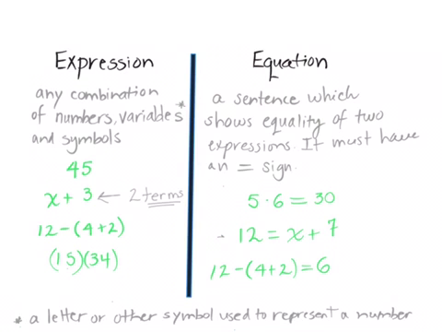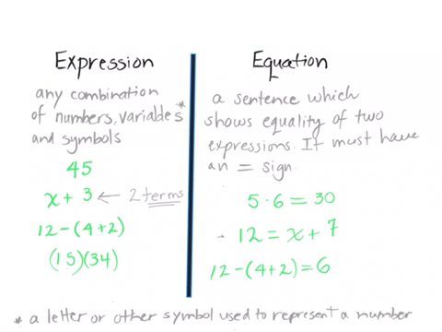Moving on to equation. It is important not to confuse expressions and equations. A sentence which shows equality of two expressions would be called an equation. So the easiest way to remember is that the equation must have an equal sign. If we were just going to look at the left side of this equation, the 5 times 6, that is one expression.